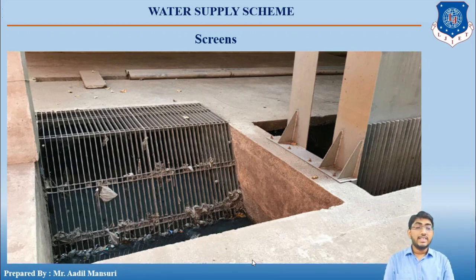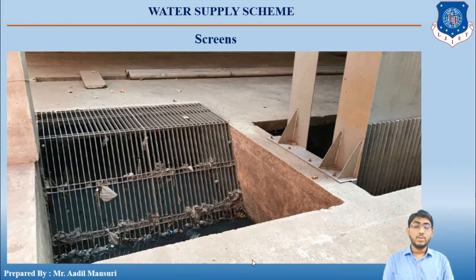Screens are generally provided in front of either pumps or intake works, to exclude floating and large-size impurities such as leaves, branches of trees, aquatic vegetation, fish, ice, etc. Coarse screens, also known as trash racks, are sometimes placed in front of the fine screens. Coarse screens consist of parallel iron rods placed vertically or at a slope, about 2 to 10 centimeters center to center. The fine screens are made up of wires or perforated metals with openings less than 1 centimeter wide.